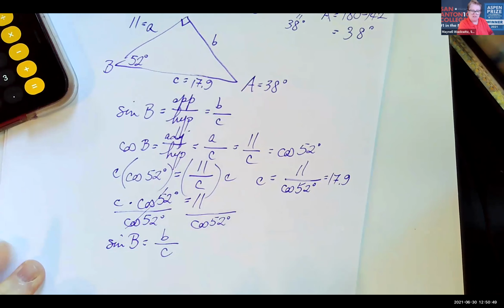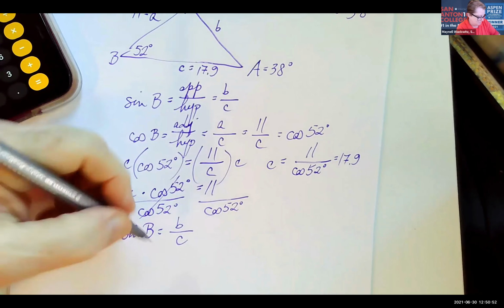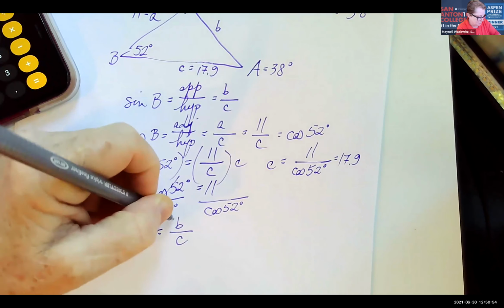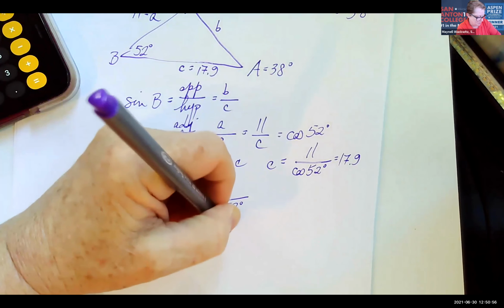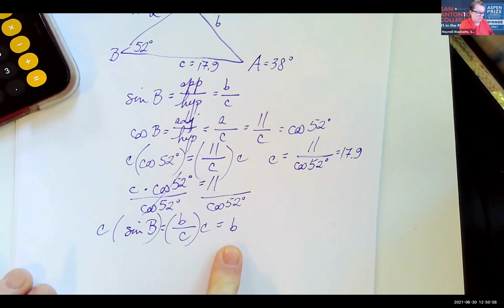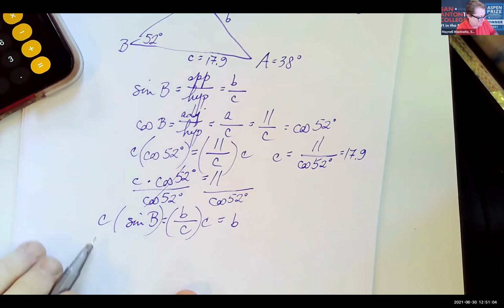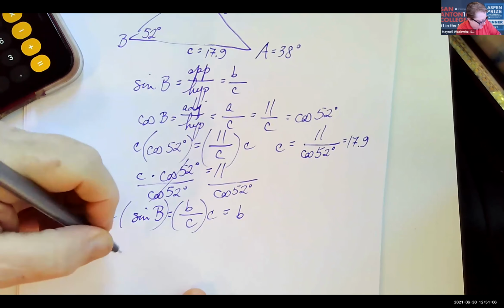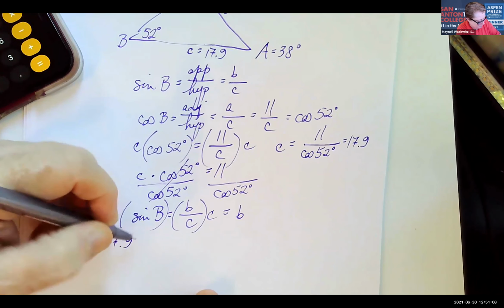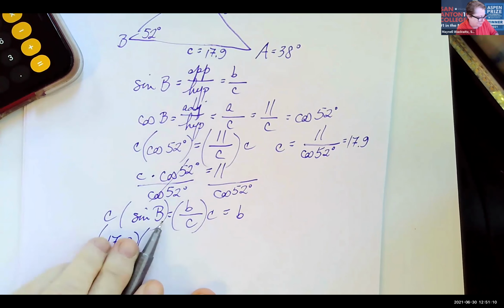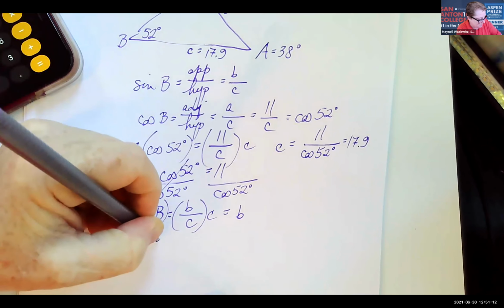I'm going to multiply both sides by c. And we get that side b is equal to side c times the sine of angle B. We know side c is 17.9, and the angle B is 52 degrees.